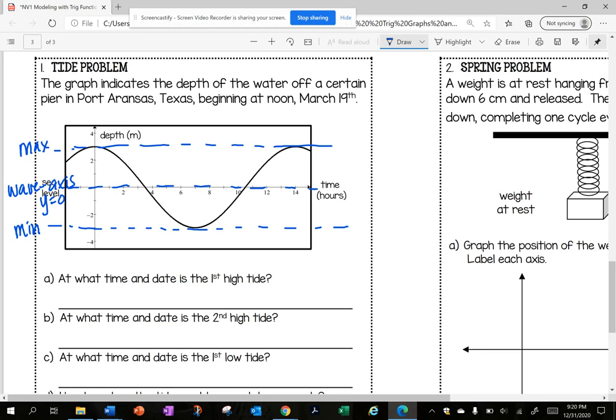Okay, so what date and time is the first high tide? So a high tide in the real world is referencing a maximum. So here's a maximum. And we said at time equals 0, it's March 19th at noon. So noon on March 19th.